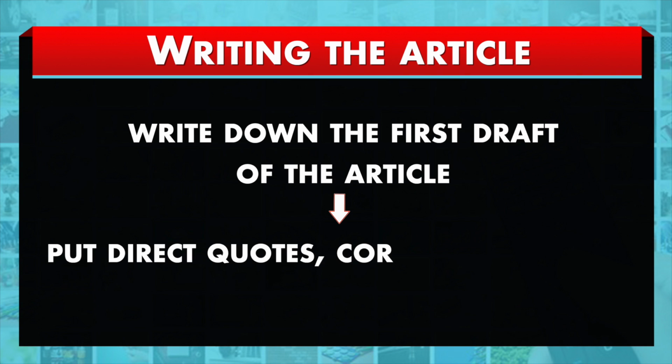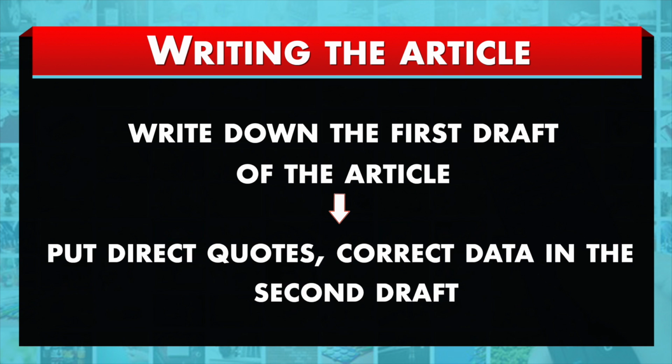After writing at the preliminary stage, the writer needs to put direct quotes and correct data in the second draft. The writer needs to be cautious to correctly spell the names of those who she or he has interviewed and their present designations.